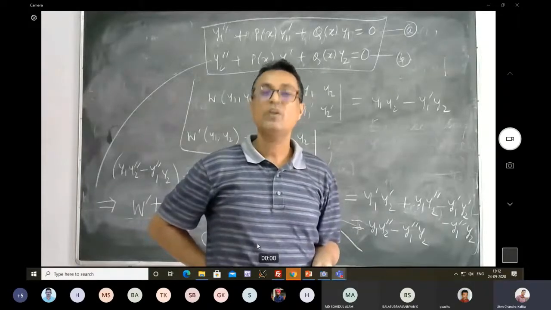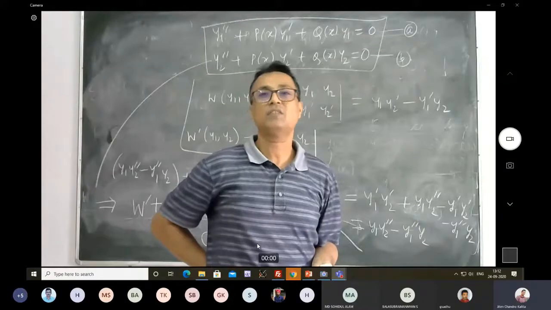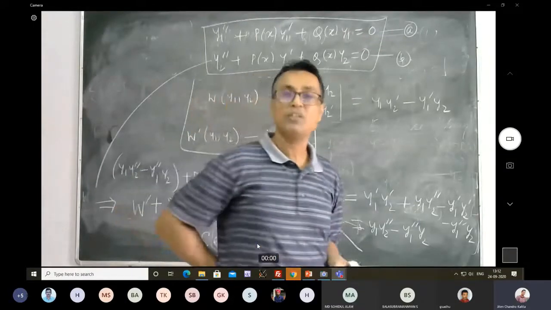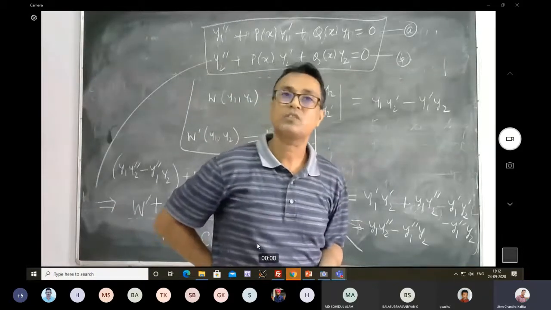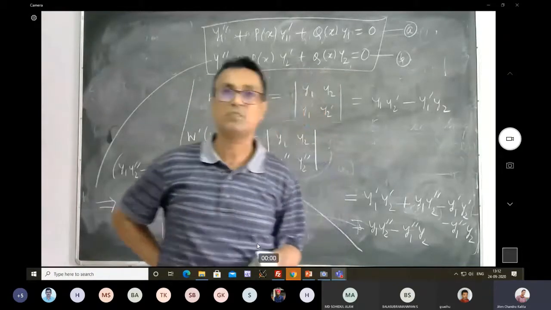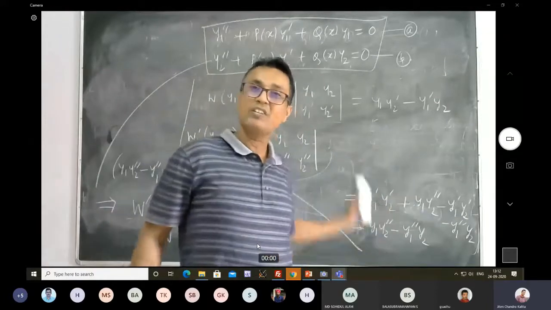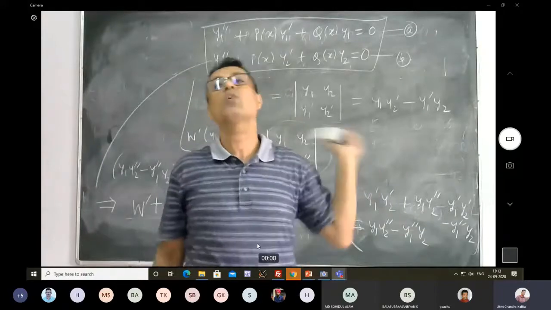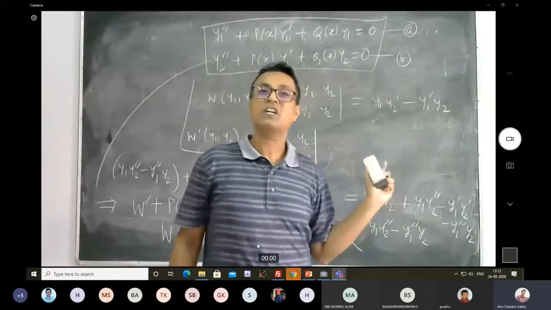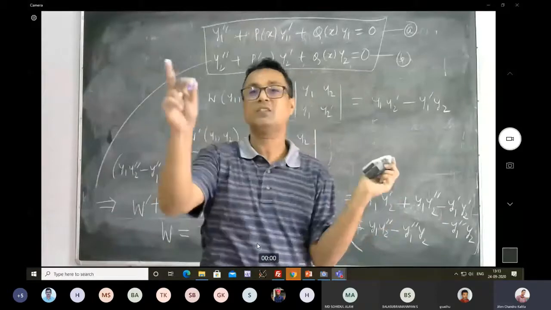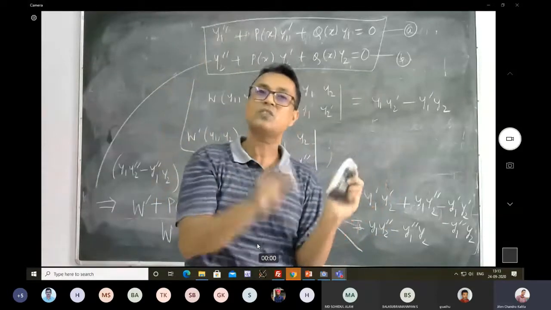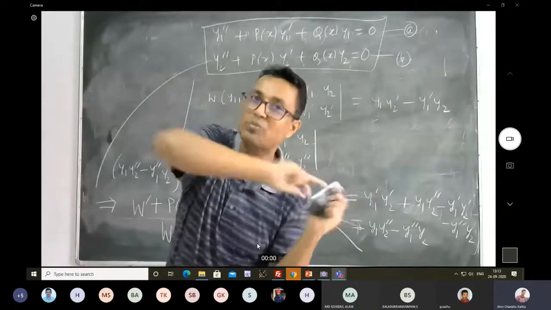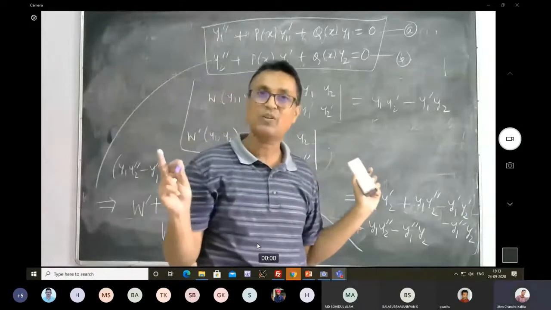We determined the Wronskian only at that particular point, and we said that if the Wronskian at that point doesn't vanish, then those constants c1 and c2 can be uniquely determined, right? But now you have seen that the Wronskian is either 0 or non-zero throughout the whole interval. So if the Wronskian is non-zero at a point in the interval, then it is going to be non-zero throughout the whole interval. Are you getting my point?